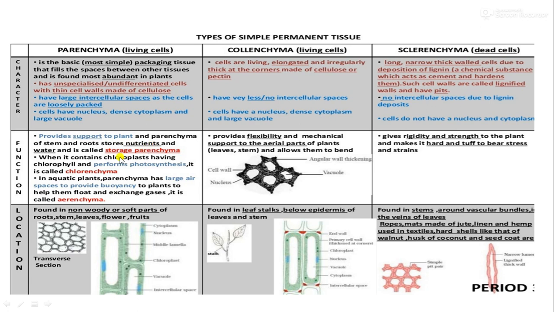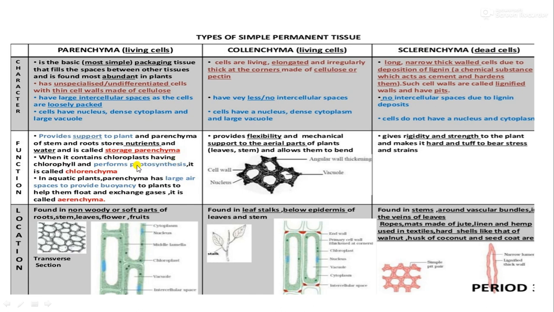And sometimes, for example in leaves, modifications of parenchyma depend on which part of the plant they are present in and what the function of that plant organ is. So when it contains chloroplast, the organelles which have the green pigment chlorophyll, it performs photosynthesis.